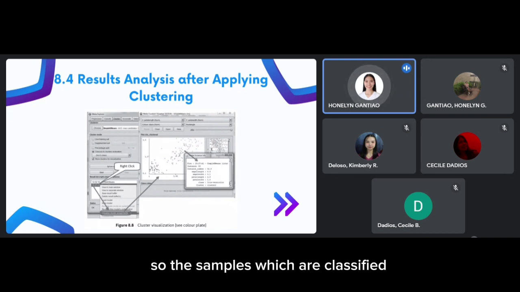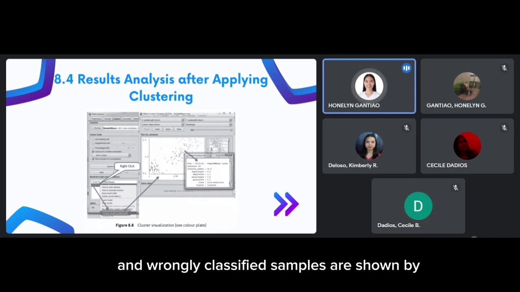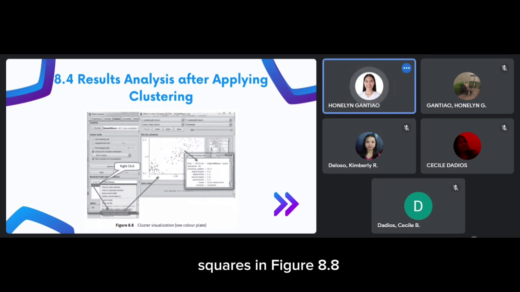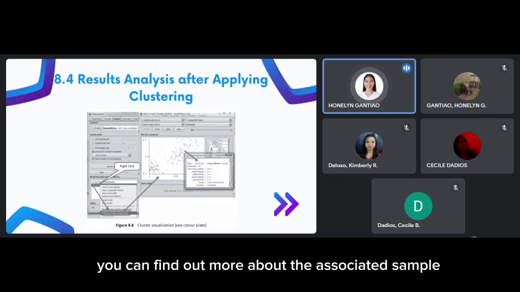The samples which are classified correctly are shown by cross symbols, and wrongly classified samples are shown by squares in figure 8.8. As we discussed earlier, Setosa got classified correctly and ended up in the right cluster. But we have some errors for Versicolor and Virginica, as indicated by the square boxes. If you right click on any point of the plot, you can find out more about the associated sample.